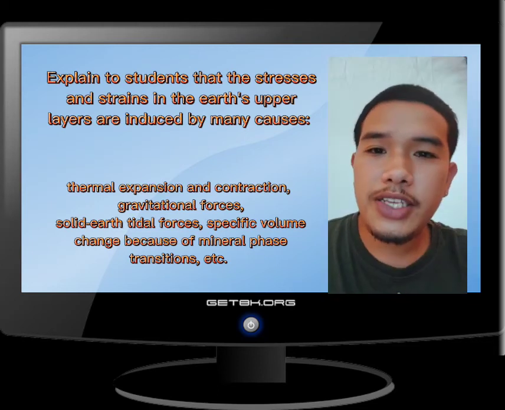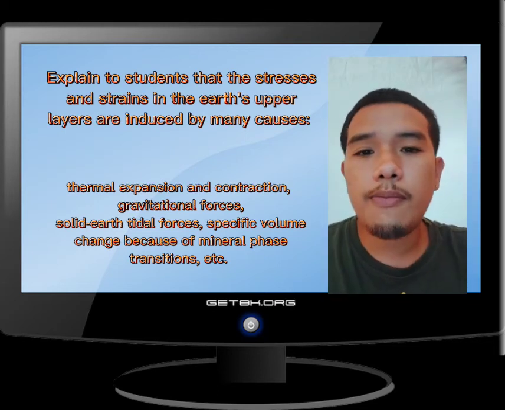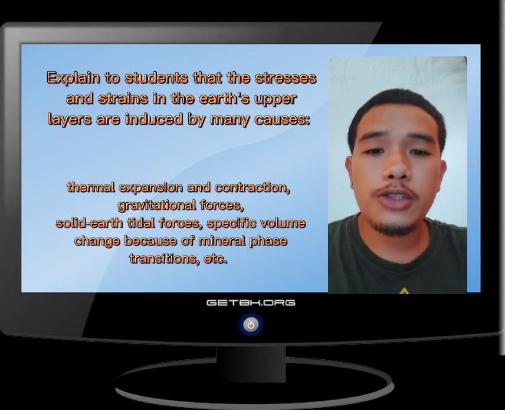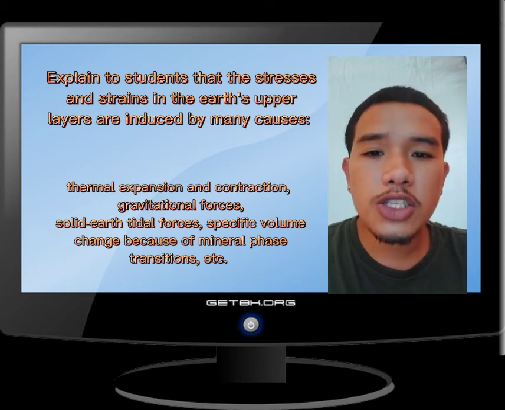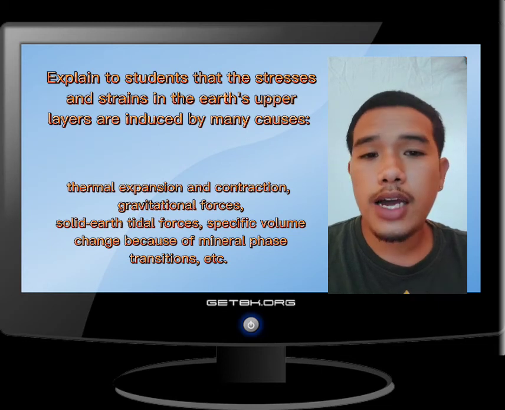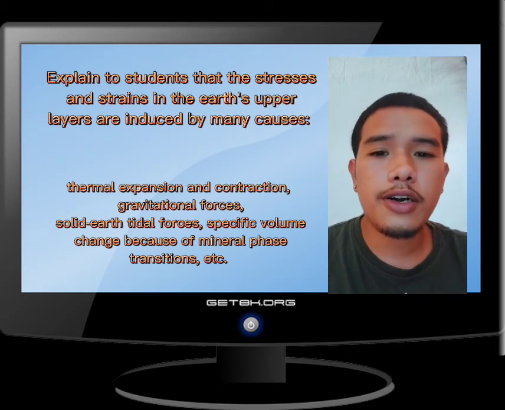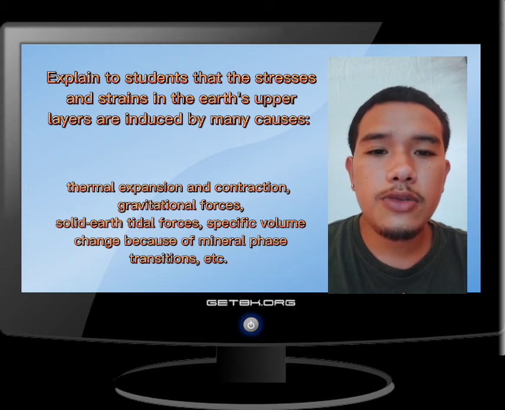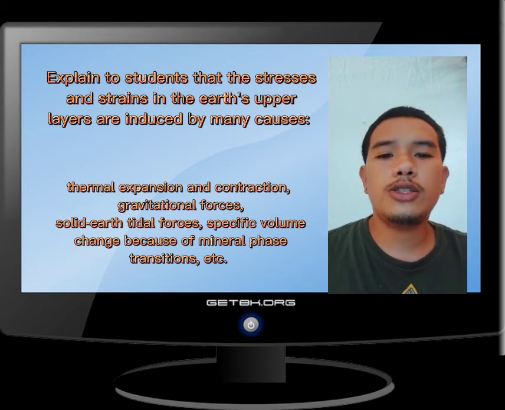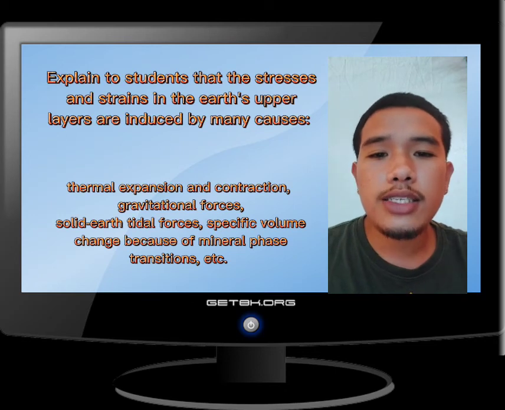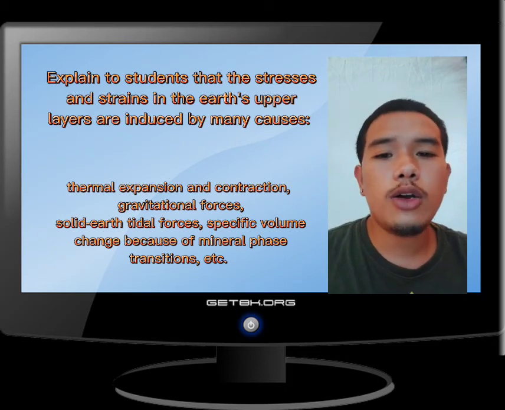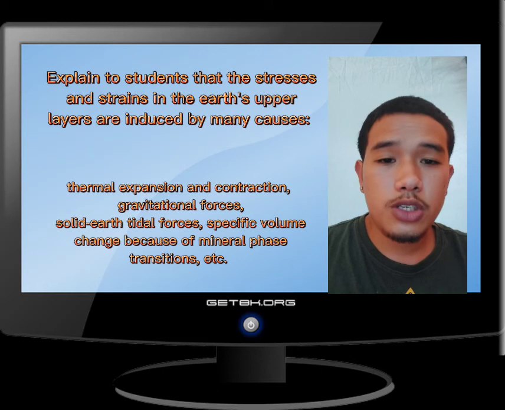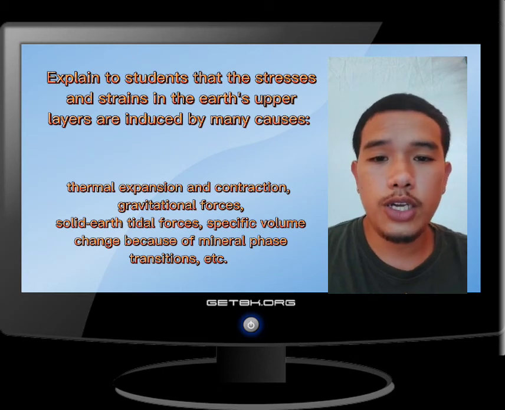Stress and strain in the Earth's upper layers are induced by many causes, such as thermal expansion and contraction or gravitational forces, in addition to movement of the Earth's tectonic plates. Stress is the force applied to an object. In geology, stress is the force per unit area that is placed on a rock.